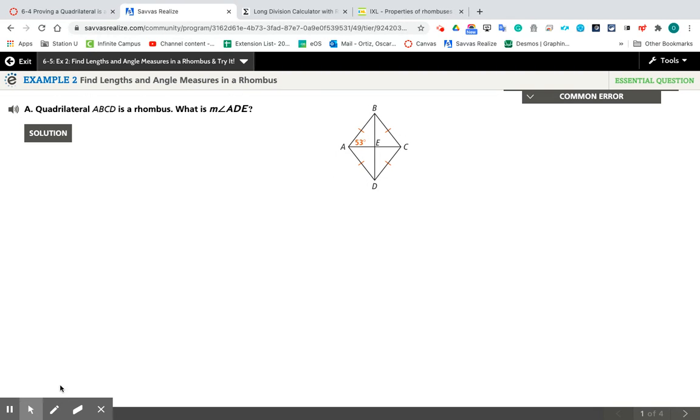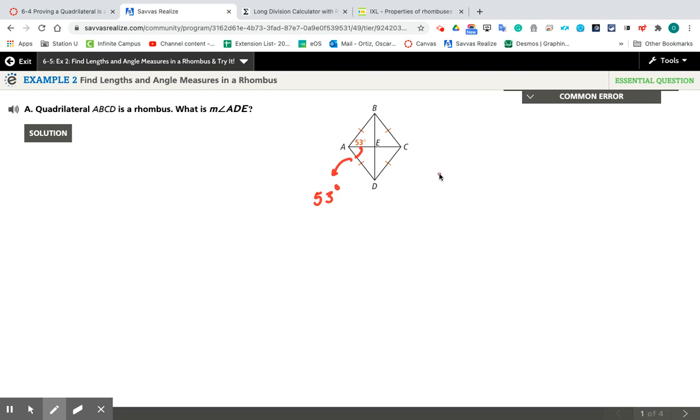So clearly I know that this angle over here, EAD, also needs to be 53. So I'm going to write down the measure of that angle right here.